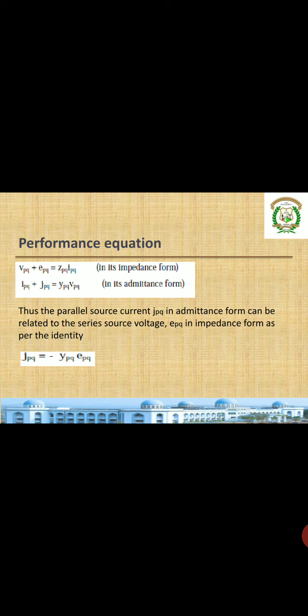Then ZPQ here is only the self impedance of the particular element, which is given as a primitive matrix of the different elements, and IPQ is also replaced by its current vector.